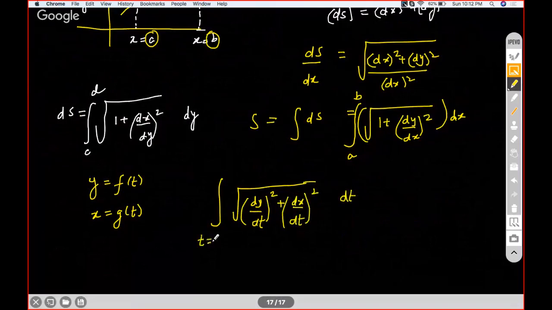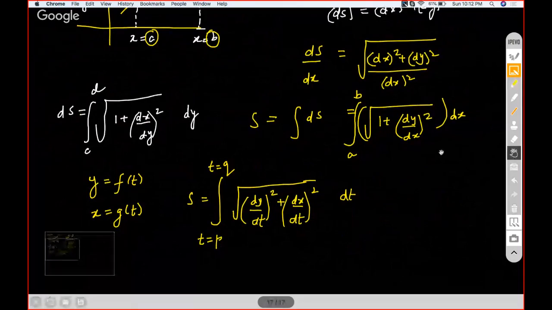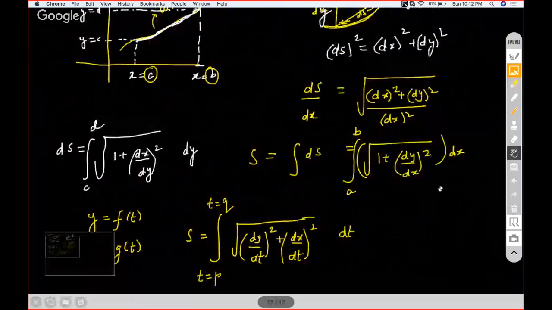Let's say t is from p to q. That depends upon the question being asked. I will try to take an example of each type. Is this concept clear to you? So just remember these formulas. This one.